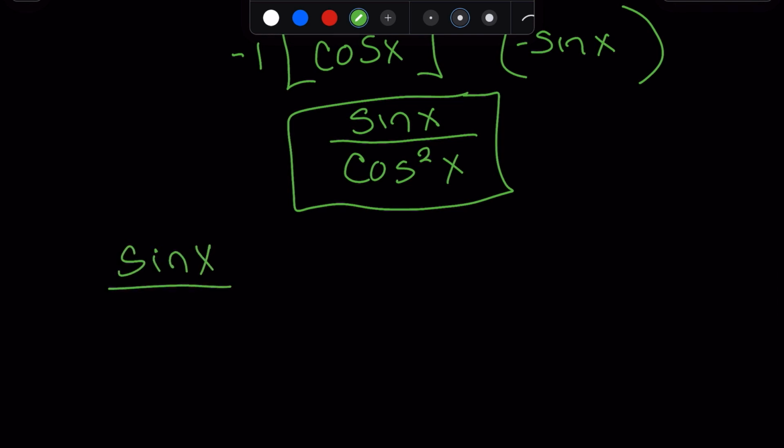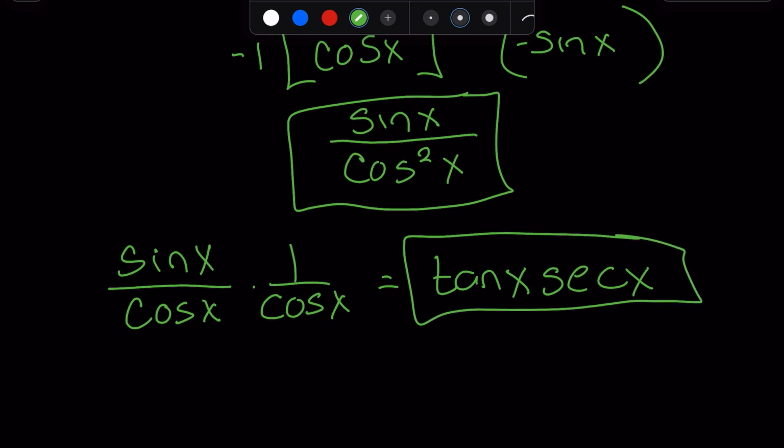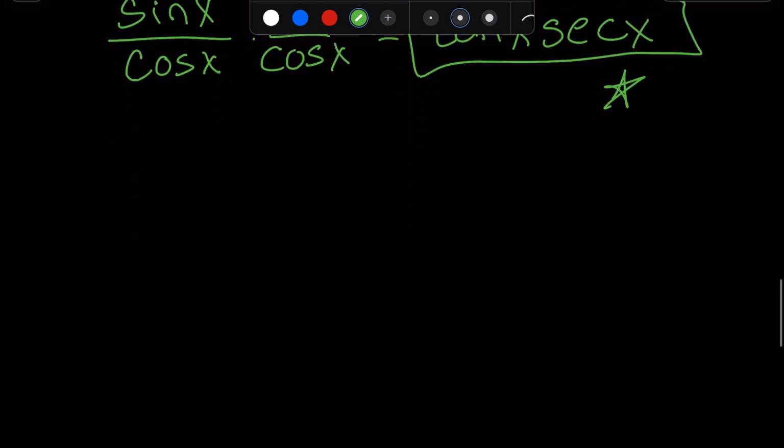So sine of x over cosine of x times 1 over cosine of x. That's how they write it, and then they simplify it. Sine over cosine is tangent. 1 over cosine is secant. Commit to memory. I don't know how many times I'm going to say it, but just do it.